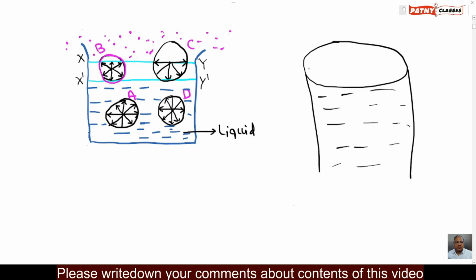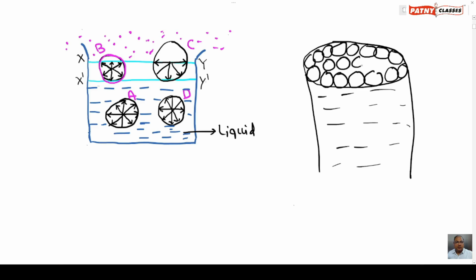And here are the molecules present all over. And here also molecules on the surface. This is a surface film. I have drawn all these molecules on the surface film.